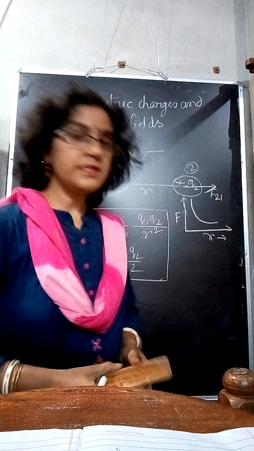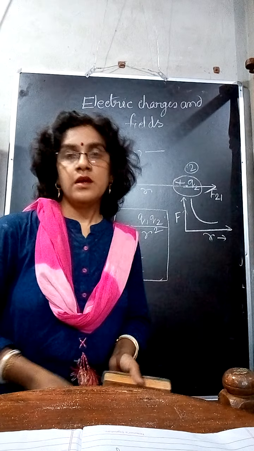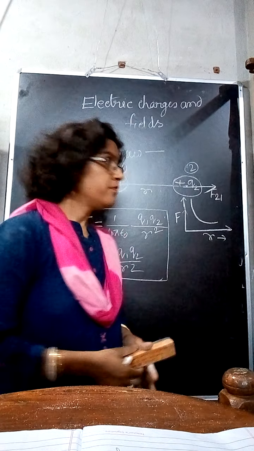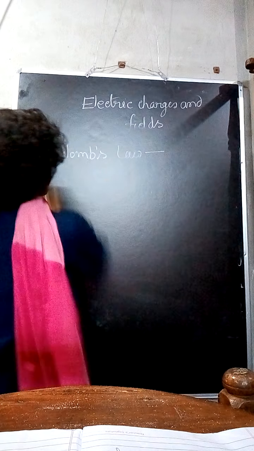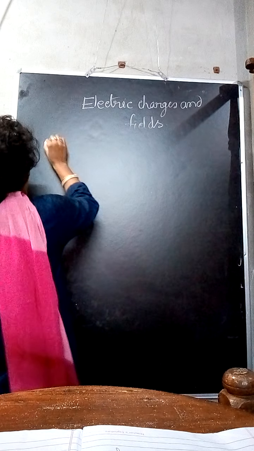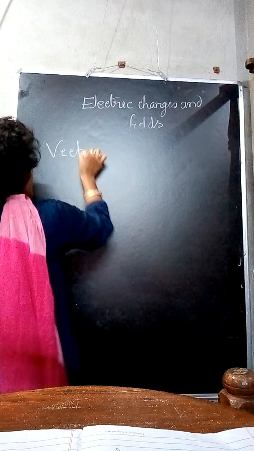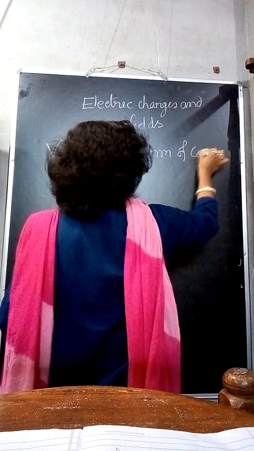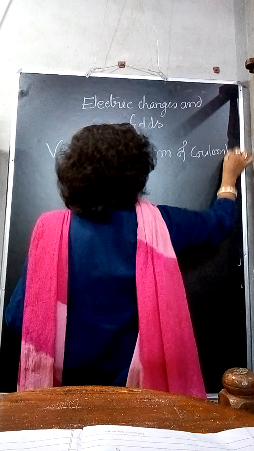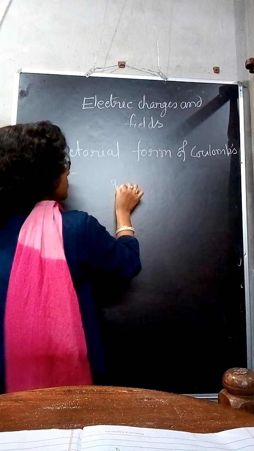Our next topic is about the vectorial form of Coulomb's law. Again, let us consider 2 point charges.